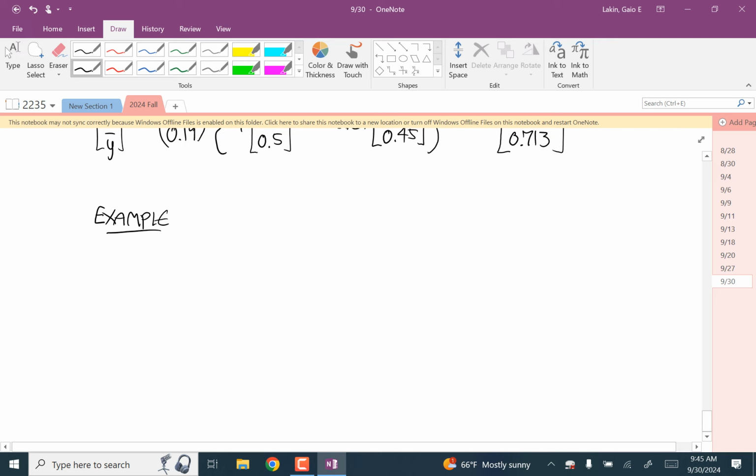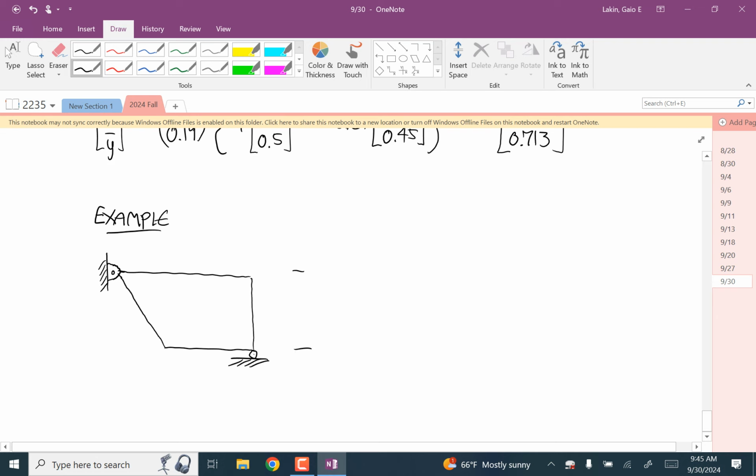So let's say we have a shape like this. And there's a roller supporting it there.